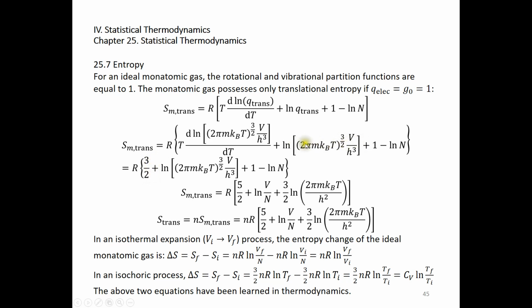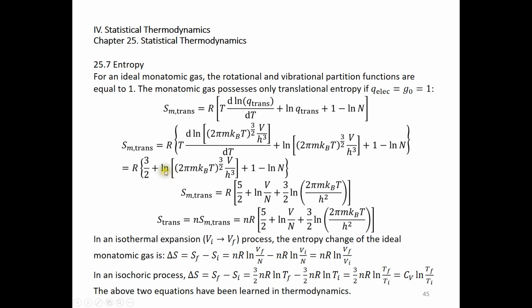This part, we'll just copy it here, and then plus 1, and then minus ln N. N is the number of particles. Again, this whole derivative is 1.5 divided by T, and then multiply by T here, you get 1.5. Now let's do some cleaning up here. 1.5 and 1, it's 2.5.